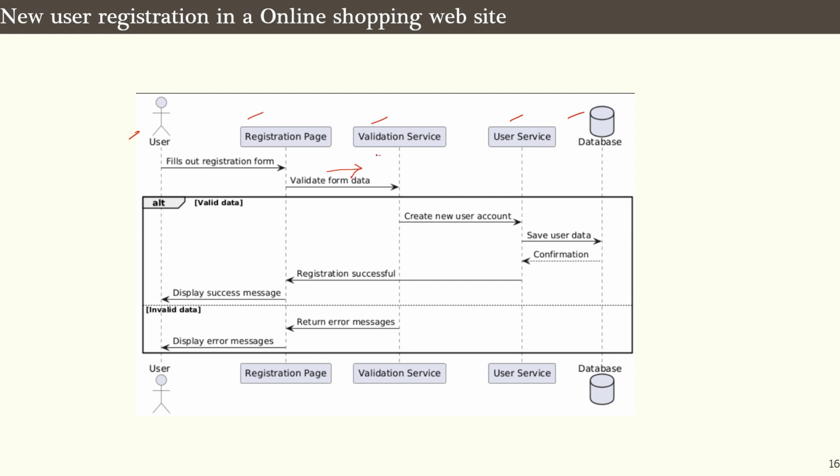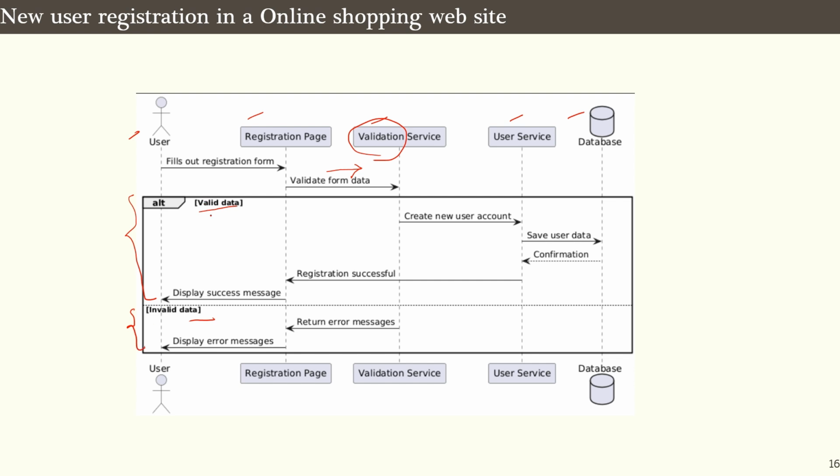In the validation service, multiple things are performed. One is processing the data entered. If it is valid, what will happen? And the other one, if there is invalid data, what is called? So these two are separated by alt. This is for the positive cycle and this is for the invalid or negative cycle.